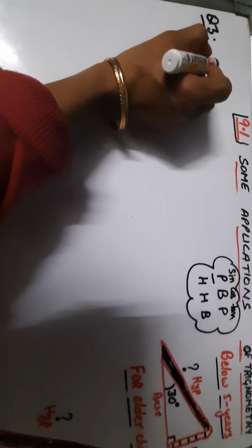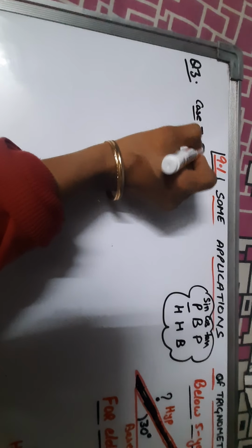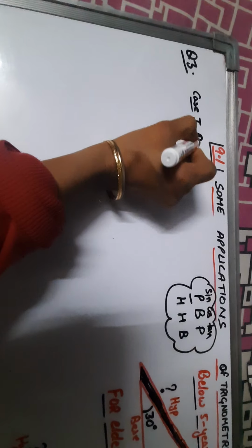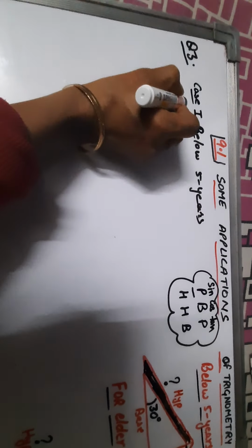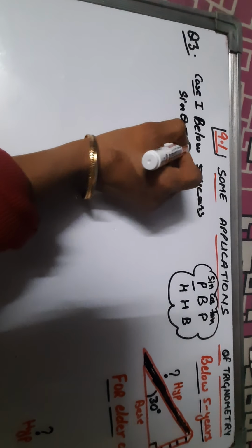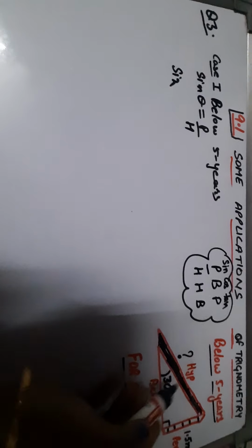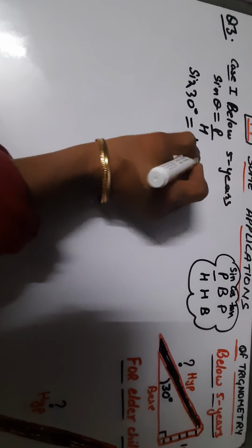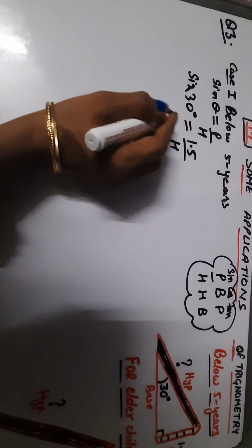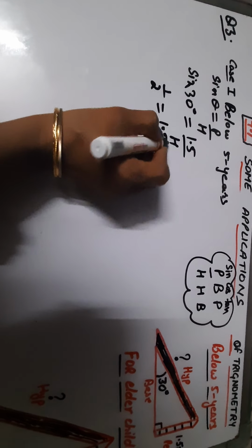We'll take case 1, for children below 5 years. हम ratio लगाएंगे, sin theta is equal to perpendicular by hypotenuse. Theta in the first case is given to us as 30 degree, perpendicular, that is the height of the slide, is 1.5, and hypotenuse we need to find out. Its value is 1 by 2, equals 1.5 by h.